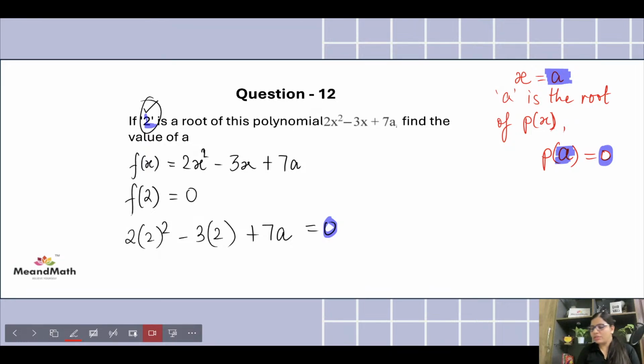So let's do it together, no worries. 2 times 2 squared. So 2 squared is 4 and we are doing 2 times 4. So what is 2 times 4, Naval? Type your answer.